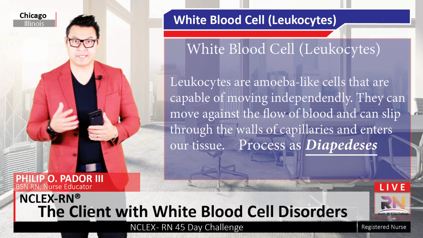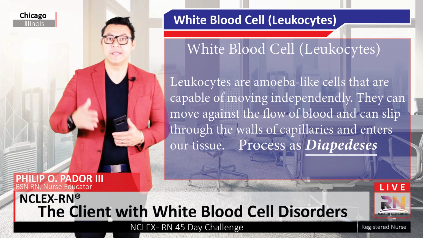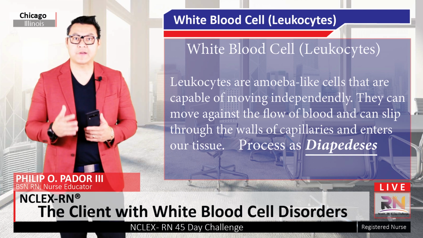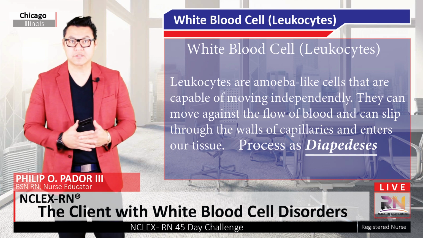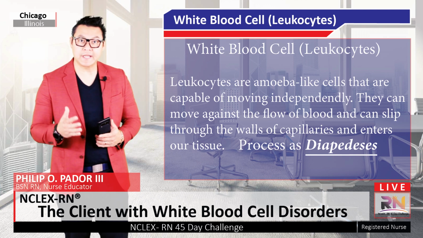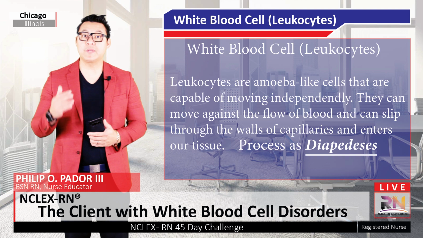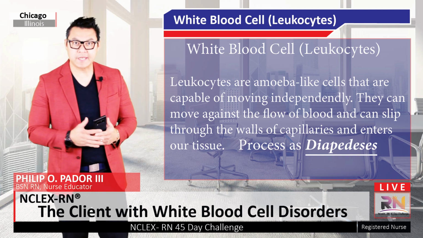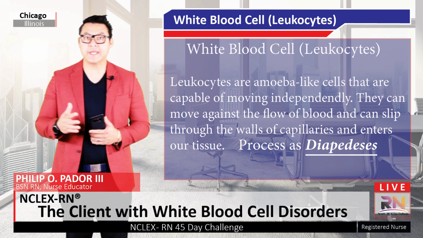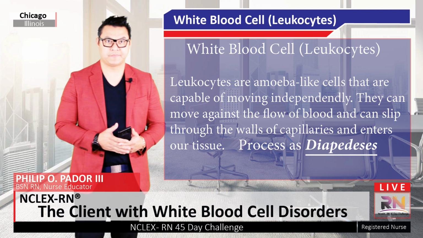Diapedesis is the squeezing of these leukocytes through the tiny slits found between the endothelial cells of our capillaries. Our capillaries consist of a tiny layer of endothelial cells, and between these cells we have very tiny holes, and that's where the leukocytes move through via the process of diapedesis.